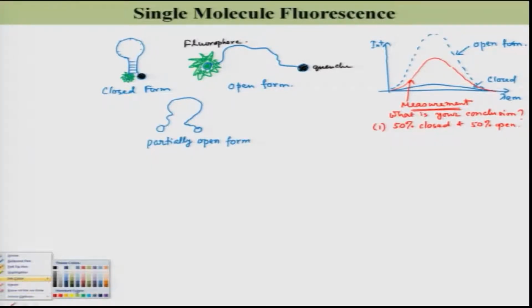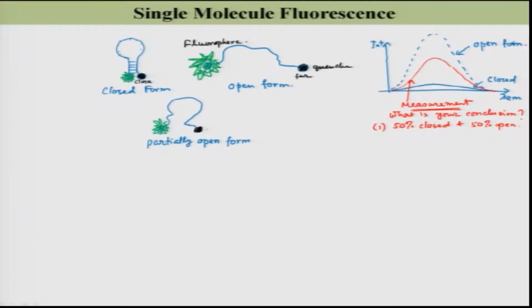So in this case what you are going to get is moderately intense fluorescence, because the quencher is not very far, not very close. Here it is very close, here it is far, but here it is not very far or very close. So probably this fluorescence intensity is going to give you this moderately intense fluorescence.